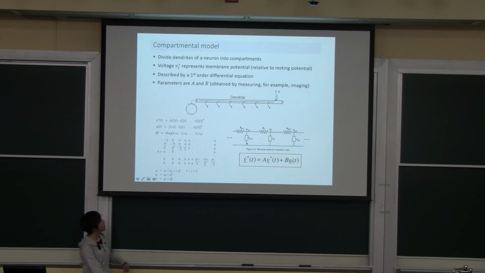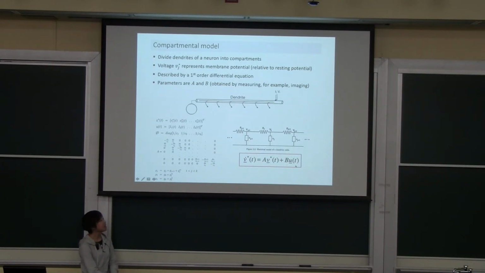So you can align all those V's at each point into a vector, then describe them with this differential equation. The derivative of V equals a matrix times V plus another matrix times U. This U is the injecting current at each node.